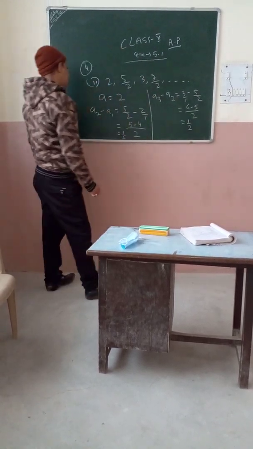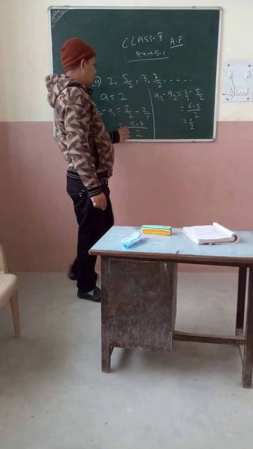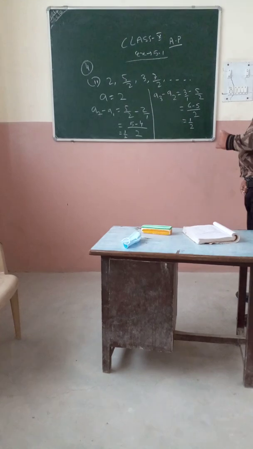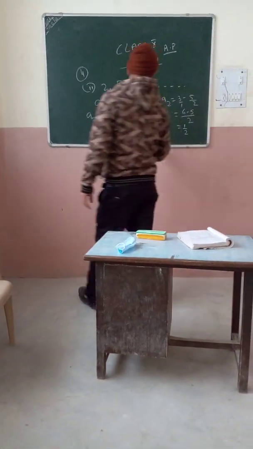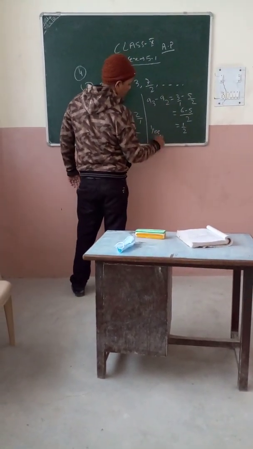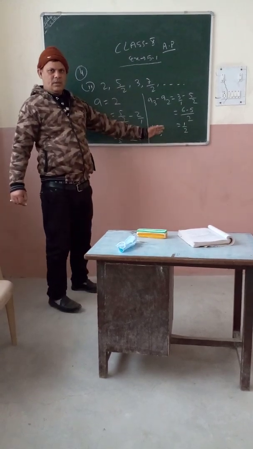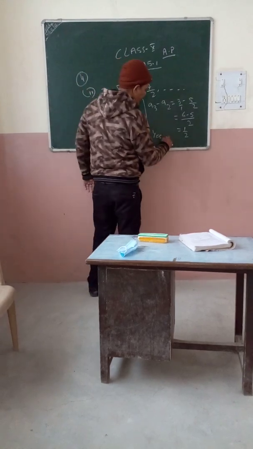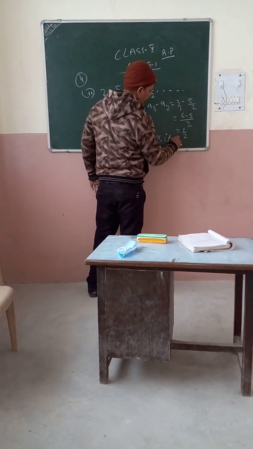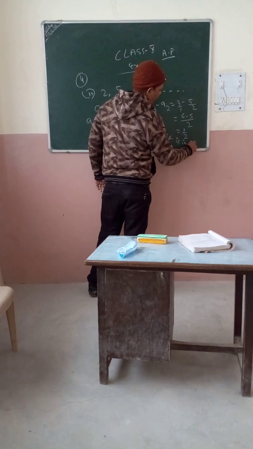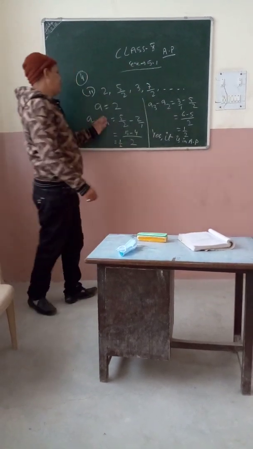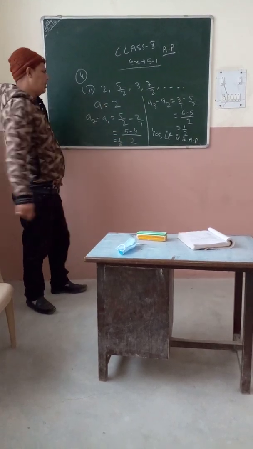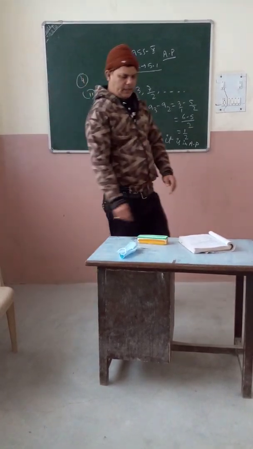So the common difference is 1 by 2, the same each time. That's why this is in AP. The value of A is 2 and the value of D is half.